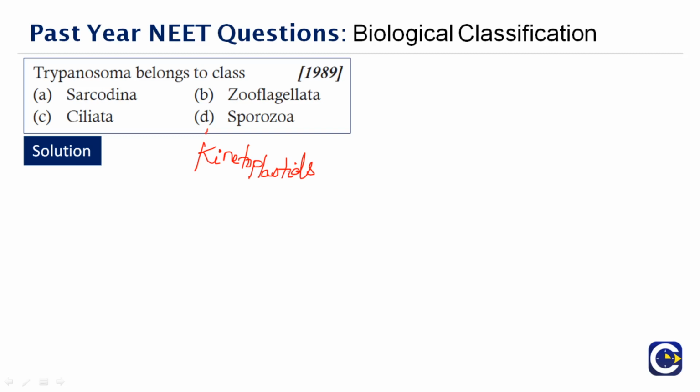The name is derived from the Greek: trypano means borer and soma means body. Actually, these organisms bore into your body. They find holes, they make holes in your body, and that's how they gain entry. That is why it is named Trypanosoma.